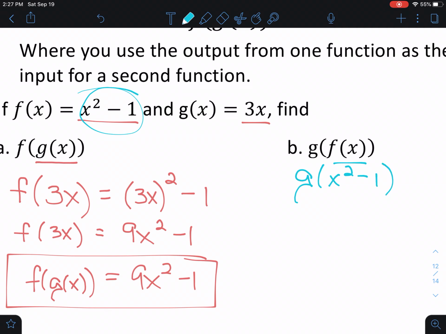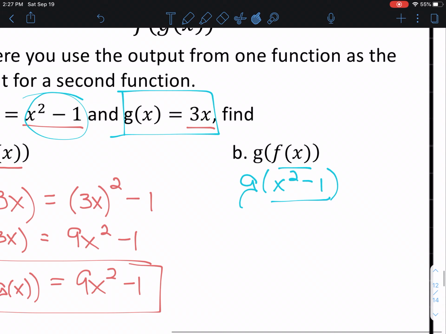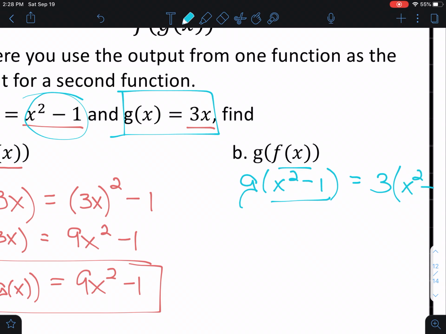Okay, so now that we've done that, now we're just going to look at just this function. And it says g of x is equal to 3x. So wherever I see an x in that function, I'm going to replace it now with x squared minus 1. Okay, so equals 3, in place of x, I'm going to put x squared minus 1.